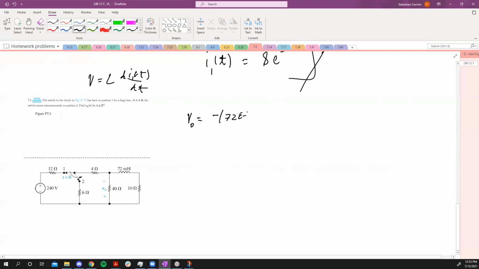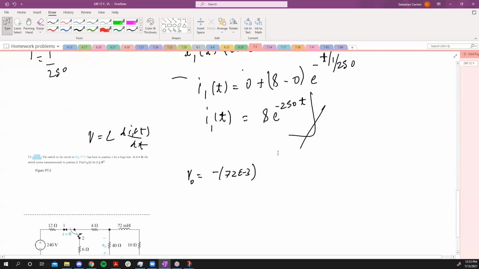So we can say 72 e to the negative 3 times the derivative of this I1, which would be, I believe, 250 times 8 e to the negative 250 t.